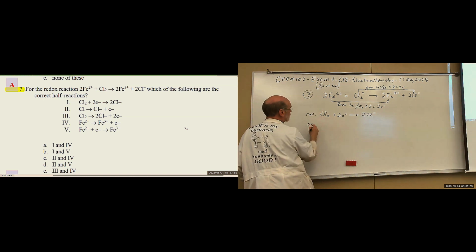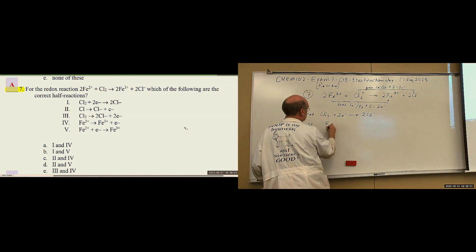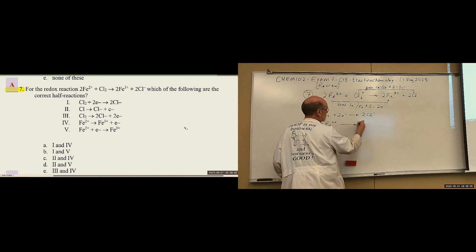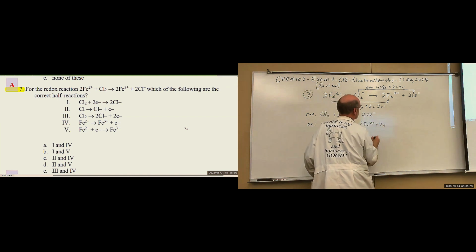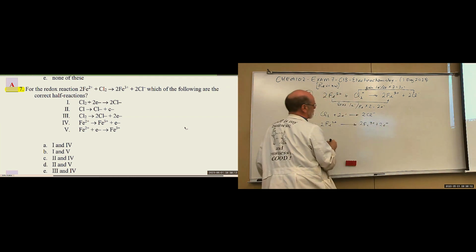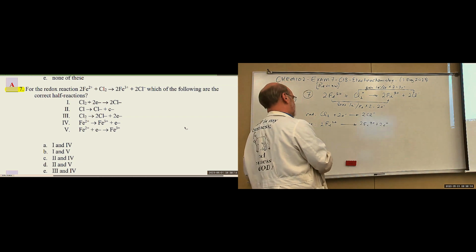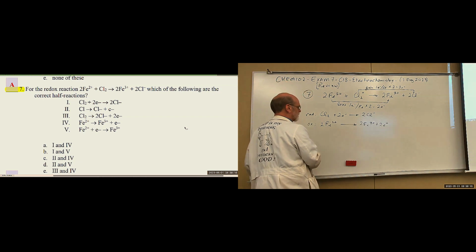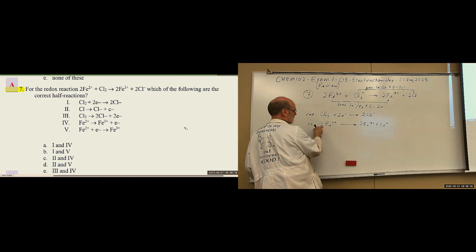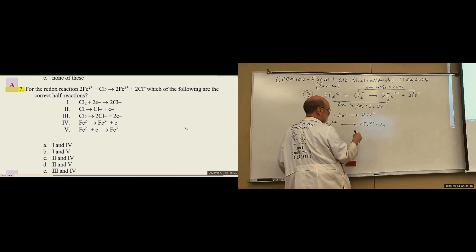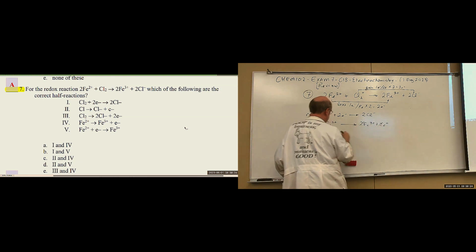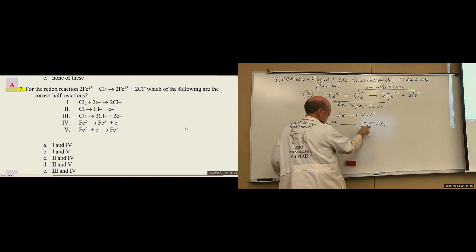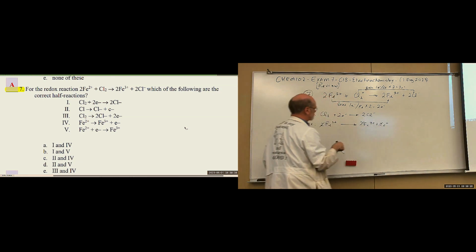So the oxidation would have iron in it. Yields 2 Fe3 plus 2 electrons. Correct? We can simplify this one though. Right? 2, 2, and 2. Divide by 2. So it's only Fe2 plus, Fe3 plus, and 1 electron.